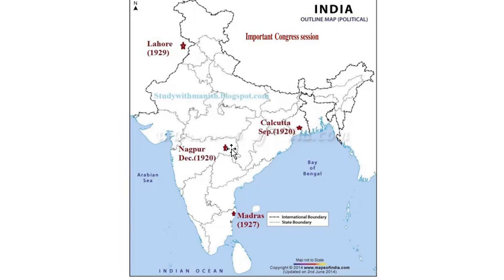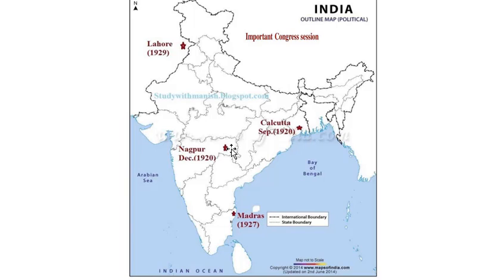I repeat, in this National Congress session, the final resolution of the non-cooperation movement program was finally adopted. So if you get questions like this, definitely that is Nagpur, December 1920.